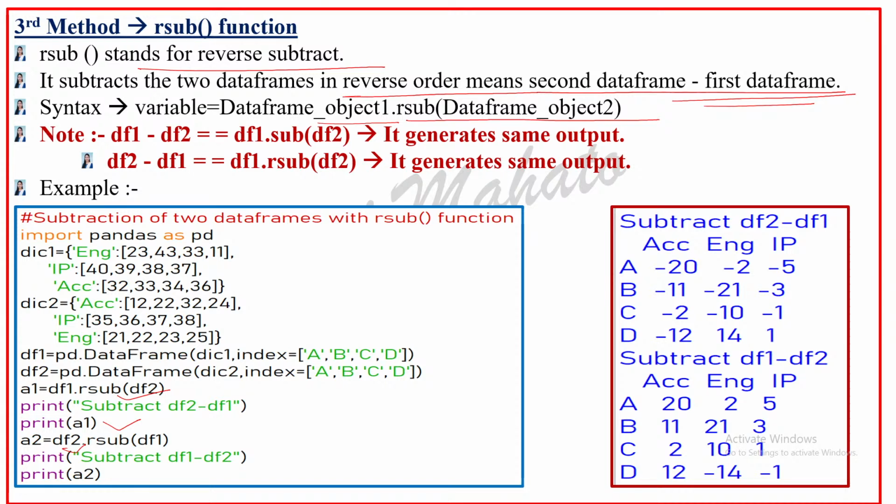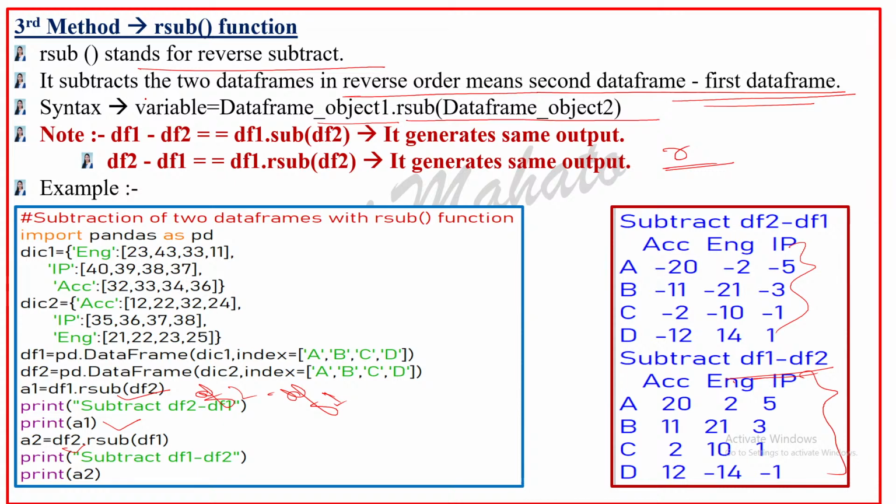You can call data frame 2 first also. So what reverse order means is df2 minus df1. Whenever you write df2 dot rsub df1, then it is df1 minus df2. Just remember that whenever we write the r word, it reverses the objects.